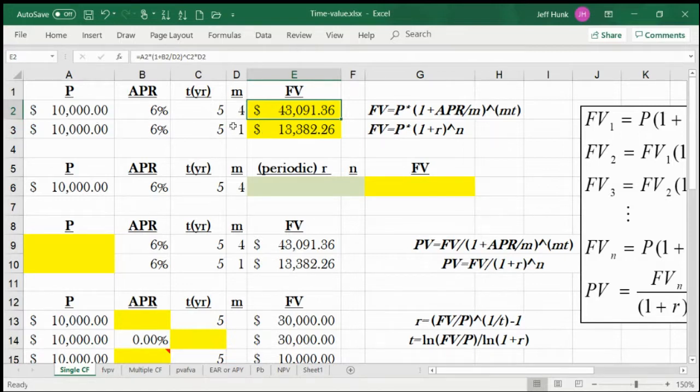While the compounding frequency may be different, that difference cannot result in this much outrageous difference. You're starting from the same 10,000 principal, same APR, same 5 years. A difference in compounding frequency cannot result in this much difference.